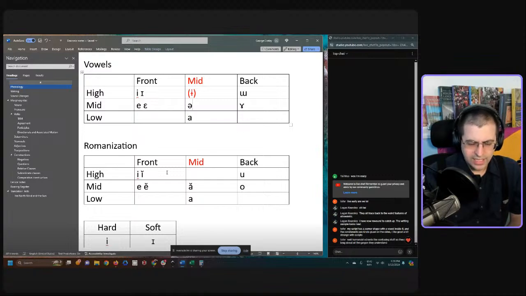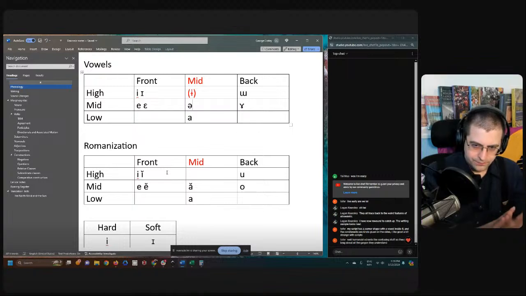When I get to writing this up in a format for people to use in games, in the pronunciation guide I will say, DMs, please do not hold your players to precise pronunciation of all of these things unless they're into that.